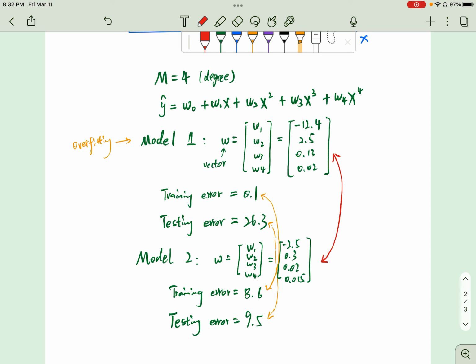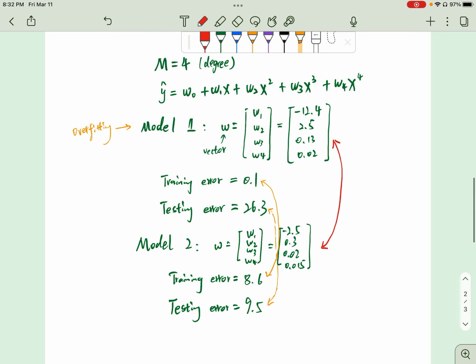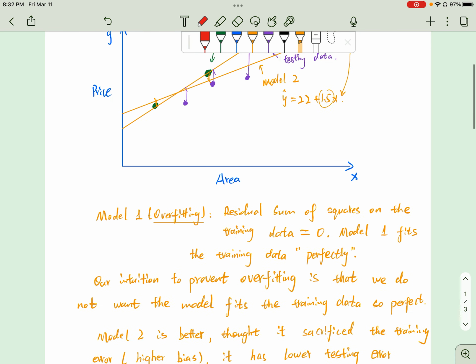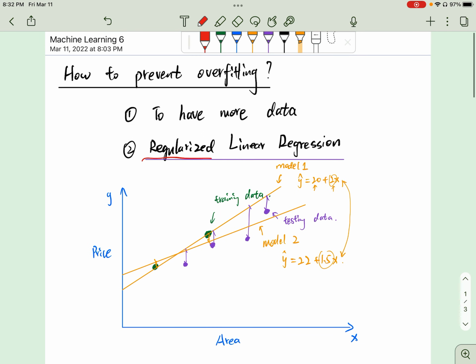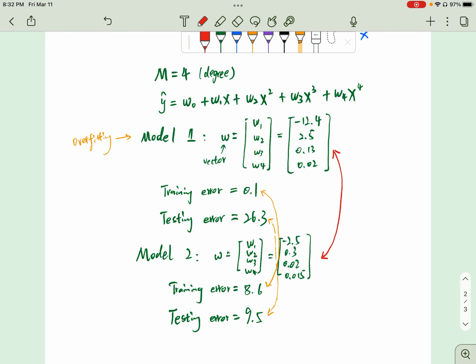We don't want this to happen, so we want to minimize this weights vector. And we also want to minimize the tuning error. We want to do these two things at the same time. Okay, so this is what is called regularized linear regression.